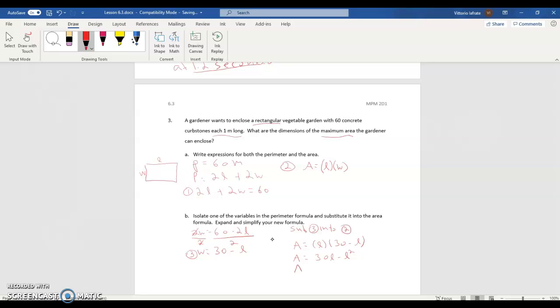Or you can rewrite it as area is equal to minus L squared plus 30L.